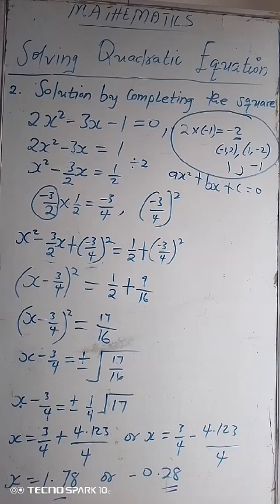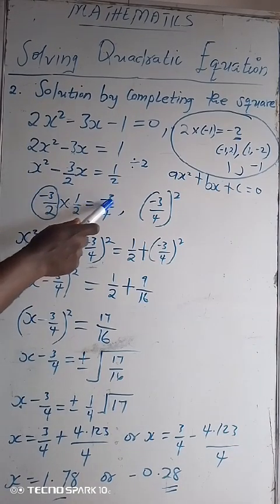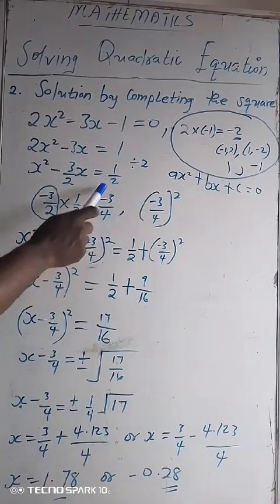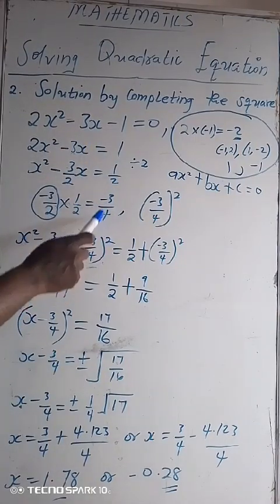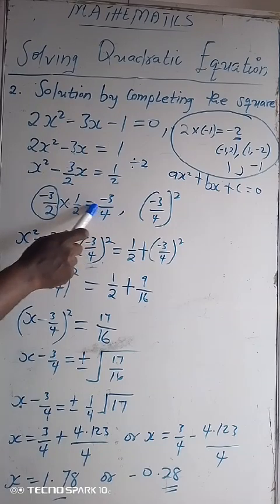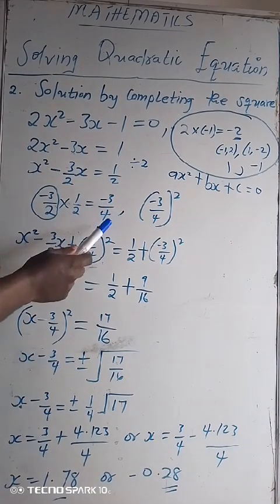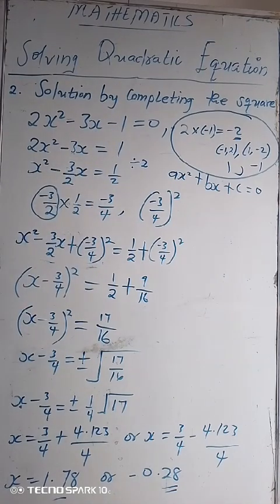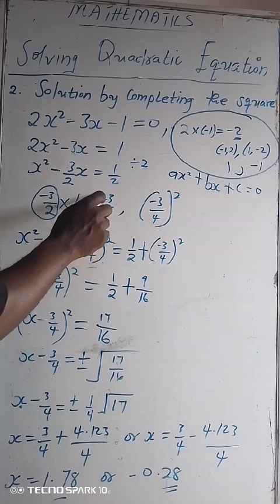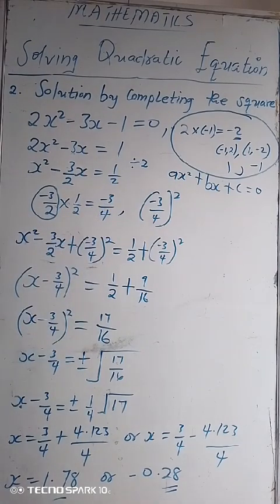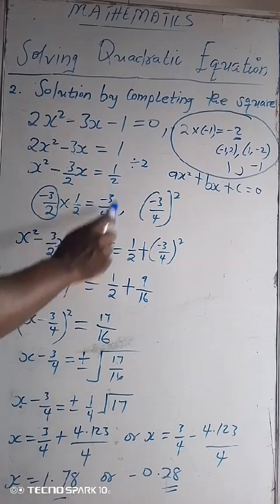And when we do, negative 3 times 1 gives me negative 3, and 2 times 2 gives me 4. So the product, which is the final answer, will be negative 3 divided by 4. So after having our answer, which is negative 3 divided by 4, all that we have to do is square our answer.